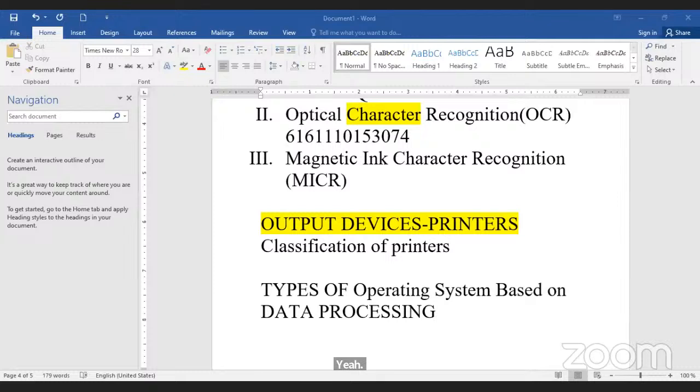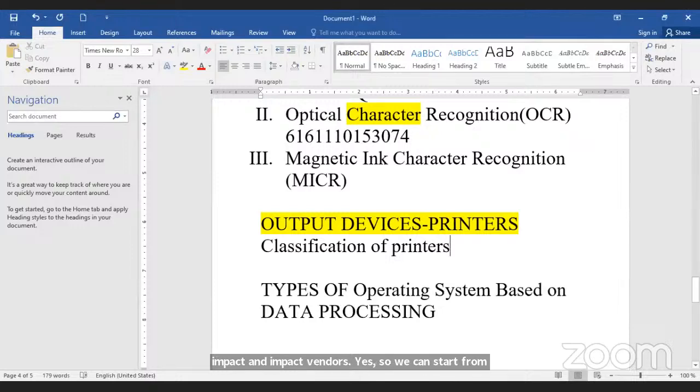So Sheban has classified printers as impact and non-impact printers. Yes, so we can start from where he has taken us. So we have impact printers.